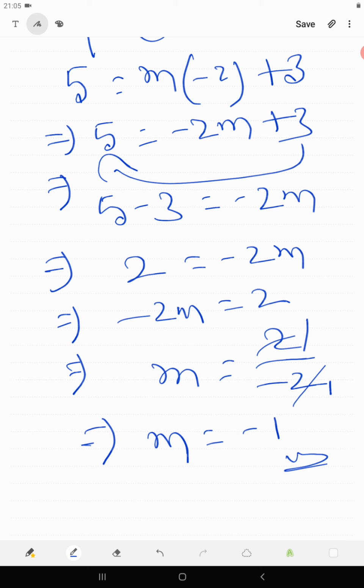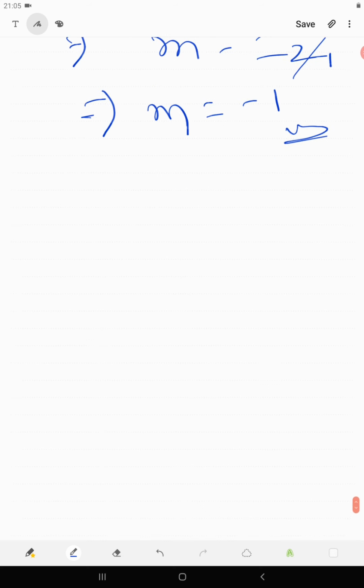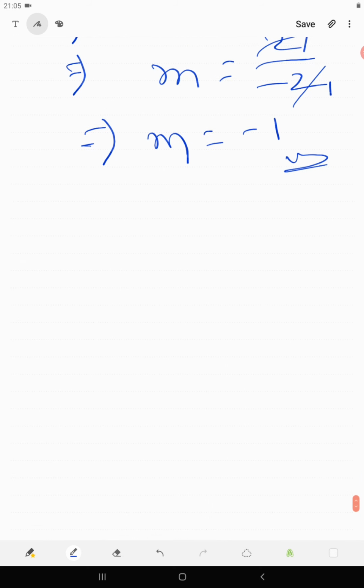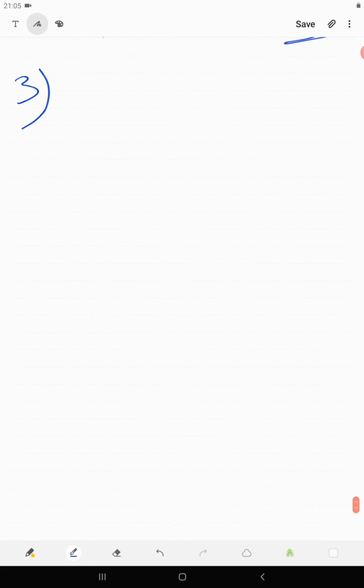Now, third one. So third is the last thing. Let's do it. What it is telling is, form the pair of linear equations for the following problem and find their solution by the substitution. So it's a wording problem. I told you, whenever there is a wording problem, break it down, you will understand.